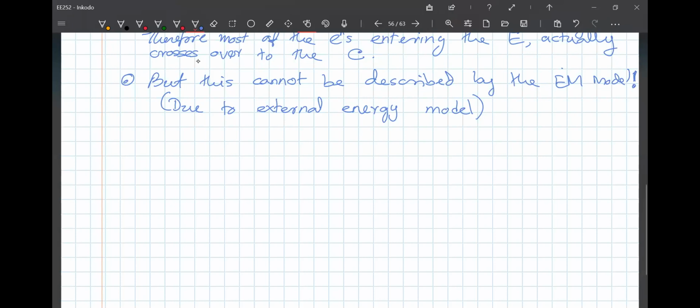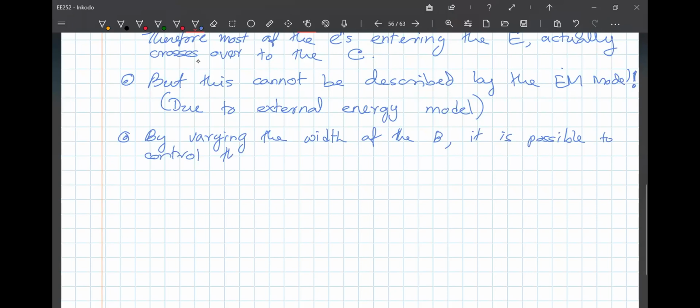Okay, let me write that down also. By varying the width of the base, it is possible to control the ratio.